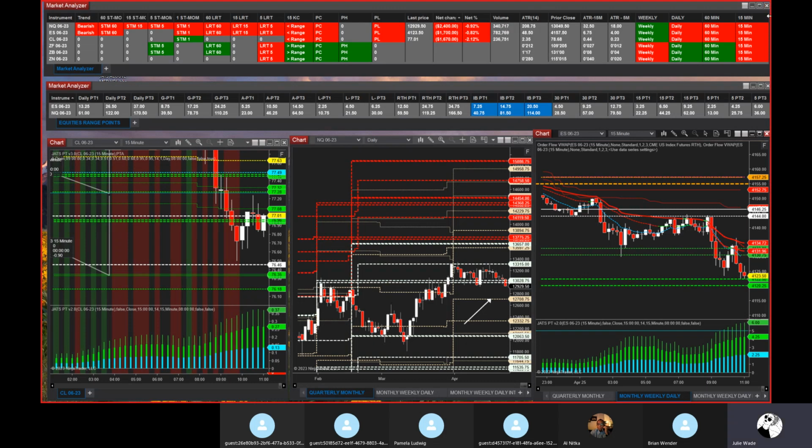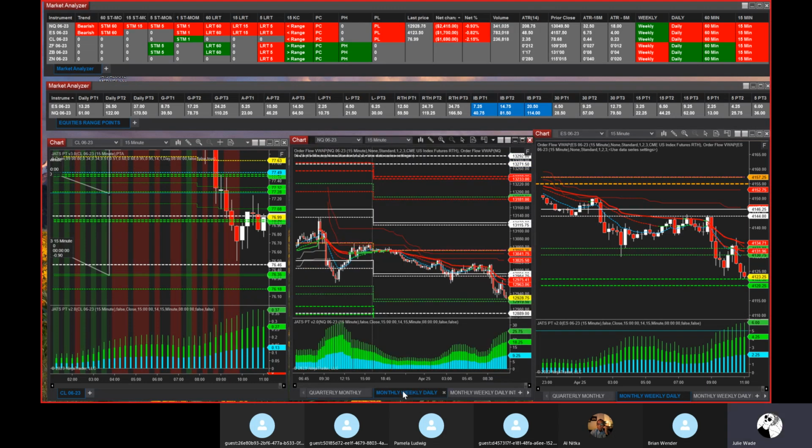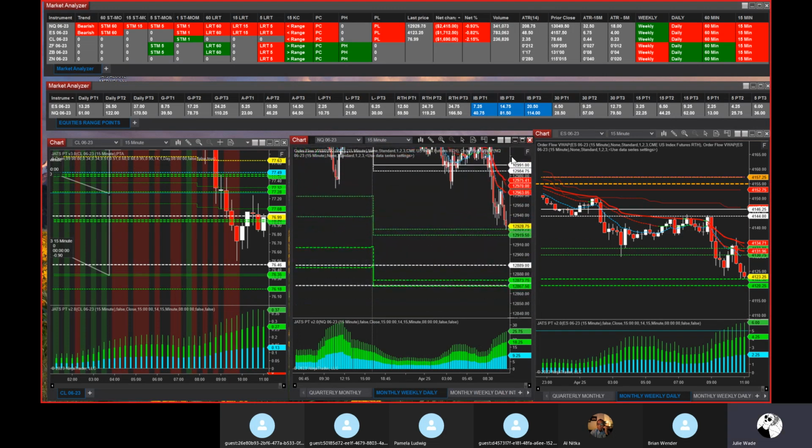They are breaking, these are trying to break through. We're back at the daily 2s. Daily 2 here. And now coming down to the second one.